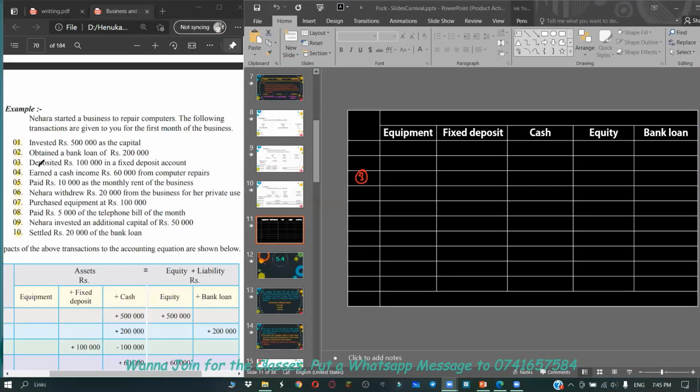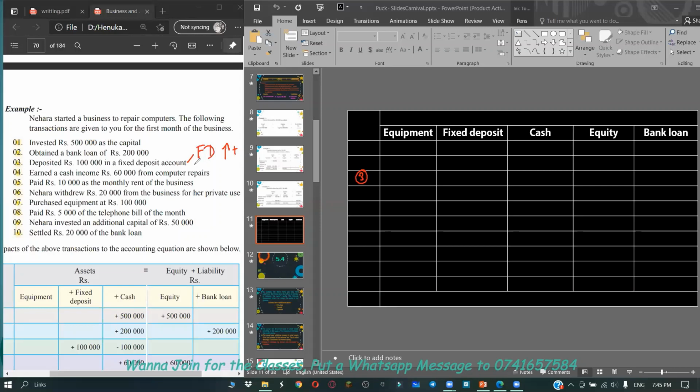So as our third transaction, there should be two impacts to our business. Number one is depositing 100,000 in a fixed deposit, so the fixed deposit asset will be increased.